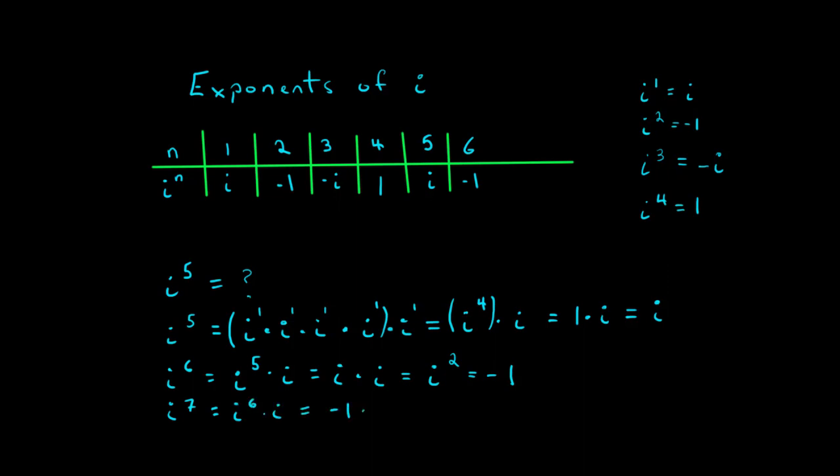That'll be negative 1, we just found that, times i. Let me just chart i to the seventh here. When n equals 7, i to the seventh equals negative i. And i to the eighth will indeed equal positive 1, and so on. The process continues. So there's an interesting cyclical pattern to our exponents of i.